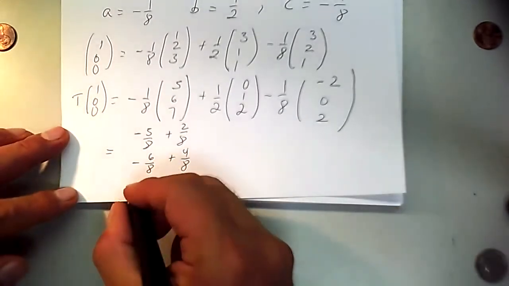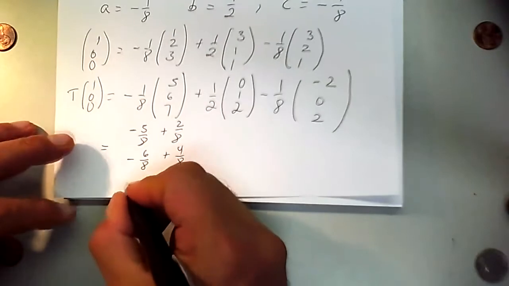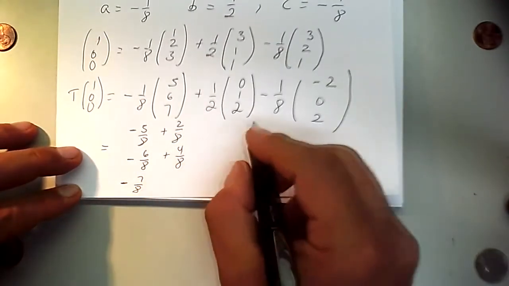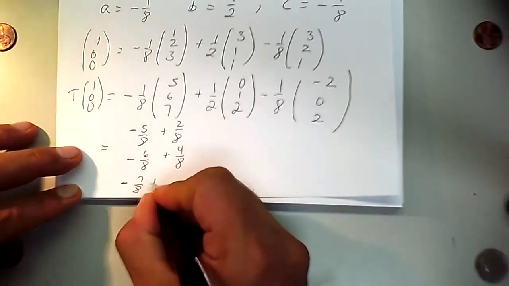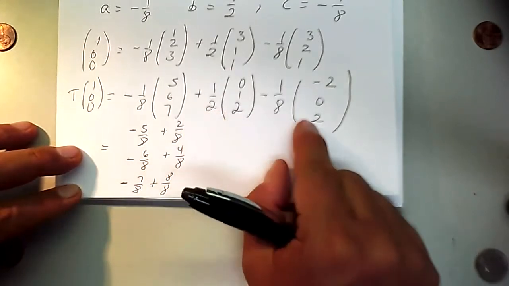And then for the third component, we got negative 7/8, plus 1, which is 8/8, and then minus 2/8.